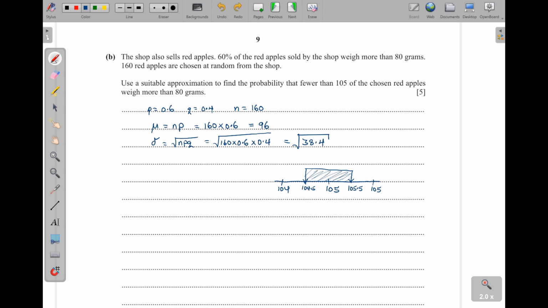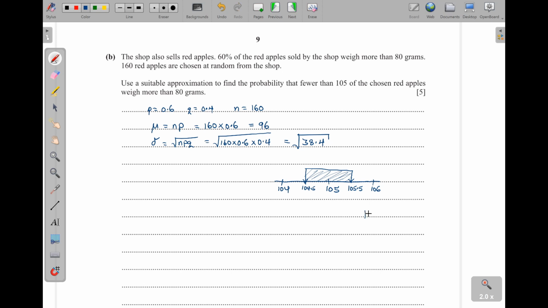But then when we round off this 105.5, it is going to give us 106. So this one will go to 106 when I round it off to the nearest whole number.